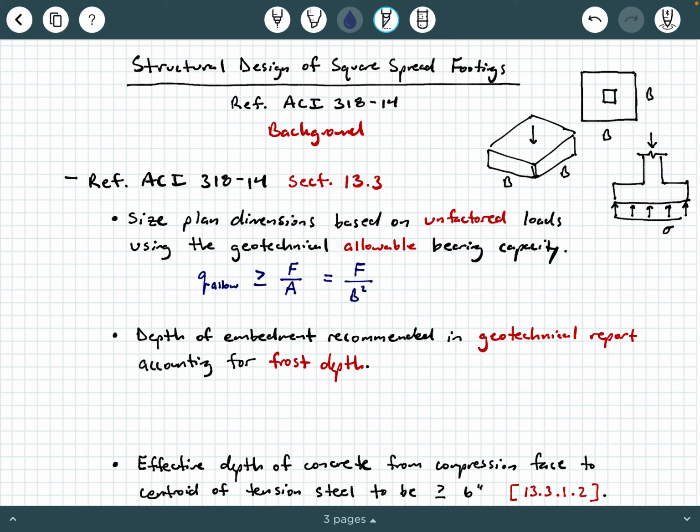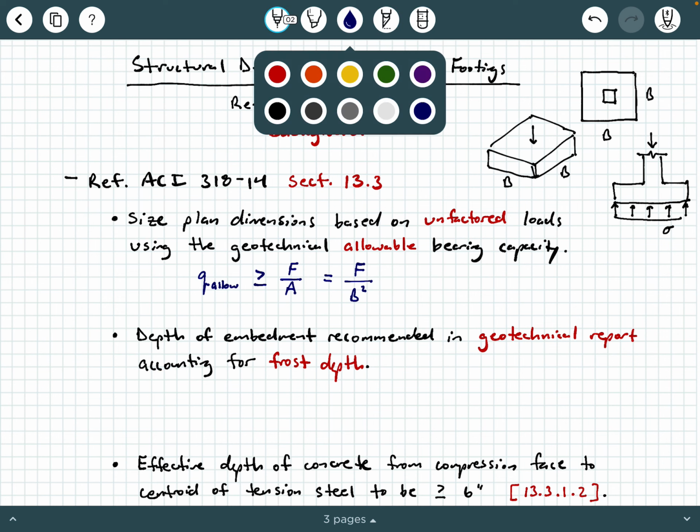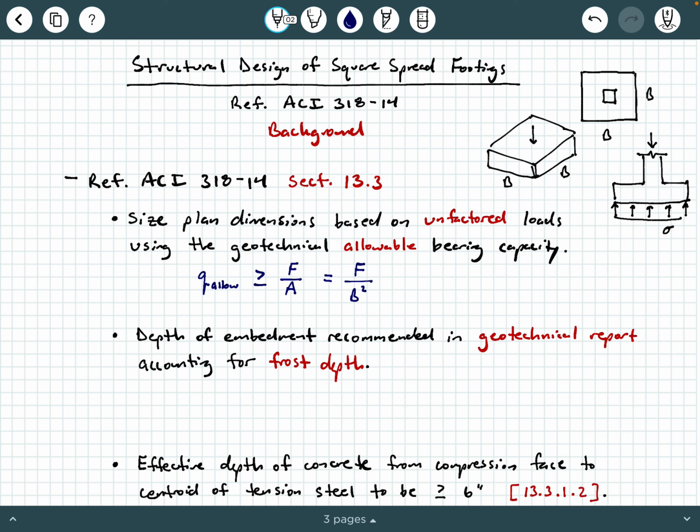Next bullet point here, let's talk about the depth of embedment that is recommended. When we talk about a depth of embedment, let's say that we have our column here. I'm going to draw this little diagram here. And here's our footing.